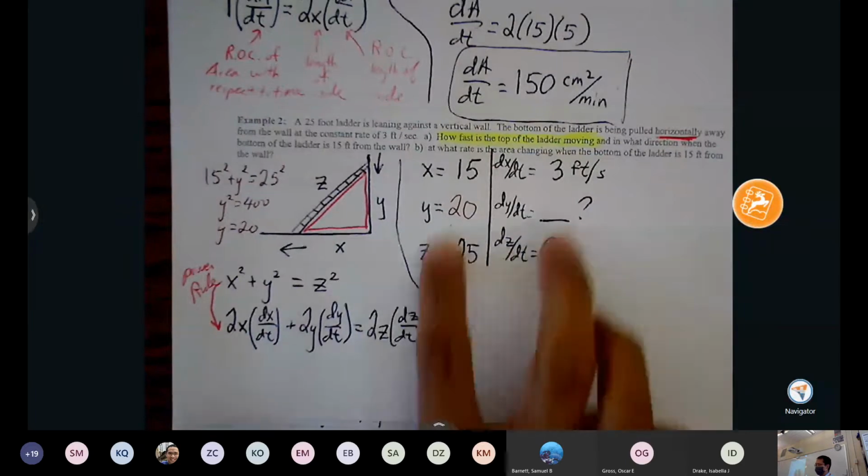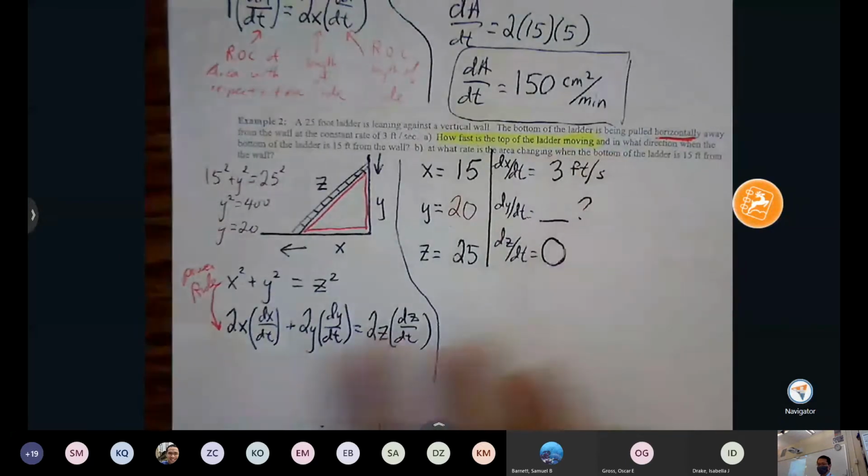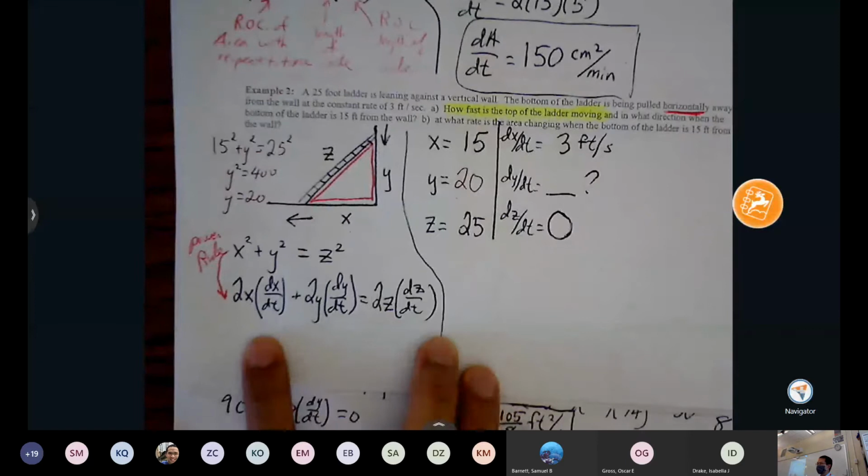If you look, we have everything that we need. We have 5 variables accounted for, and there's only one missing variable. We should be able to plug in and solve.